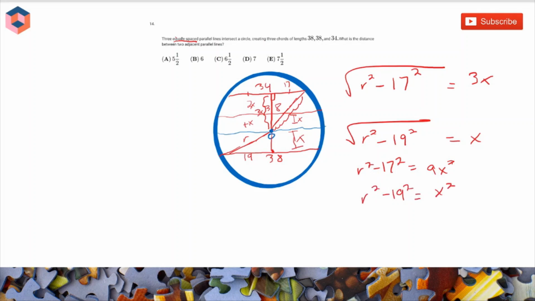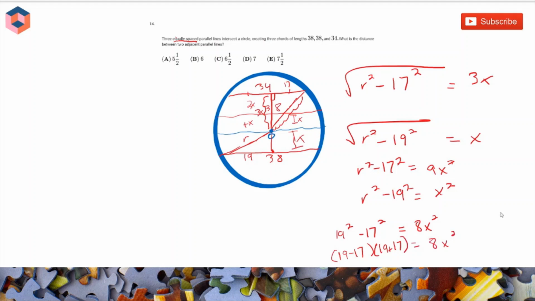And now you can subtract the second equation from the first equation to get minus 17 squared, and minus minus turns into positive, so 19 squared minus 17 squared gives us 9x squared minus x squared, or 8x squared. So now this is the difference of squares, so 19 minus 17 times 19 plus 17, which gives us 8x squared.